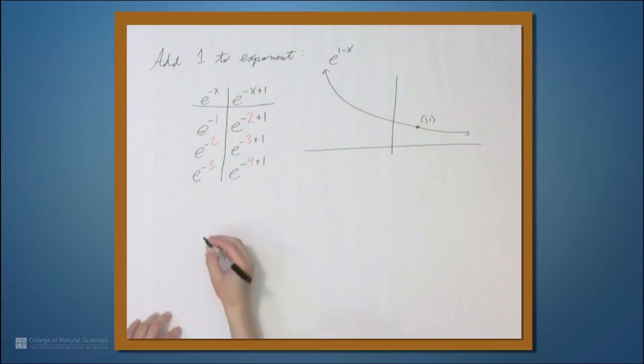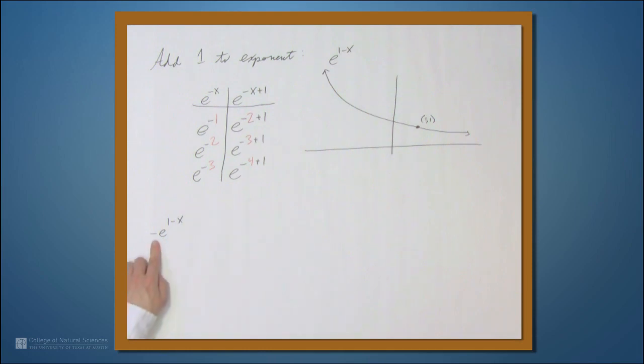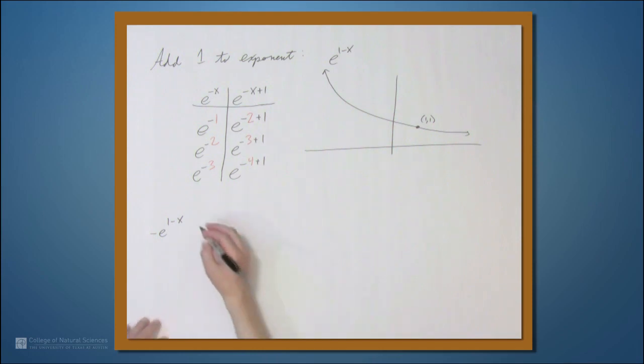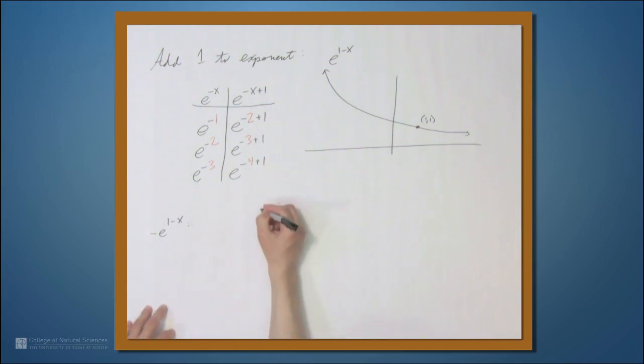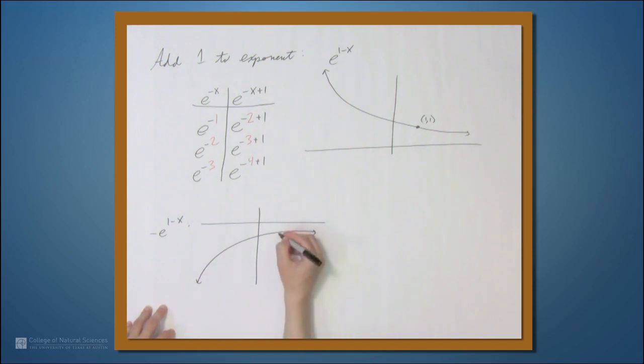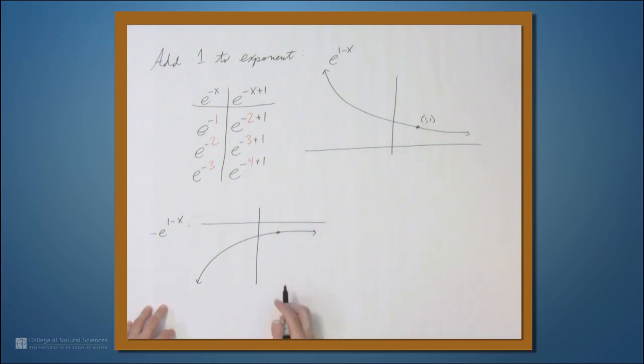The last thing to do is to throw the negative outside. We already know what that does. This will flip the entire graph over the x-axis. So this graph will look like this. And I guess we have 2 points that we could possibly care about. This is one of them, where the original intercept got shifted to.